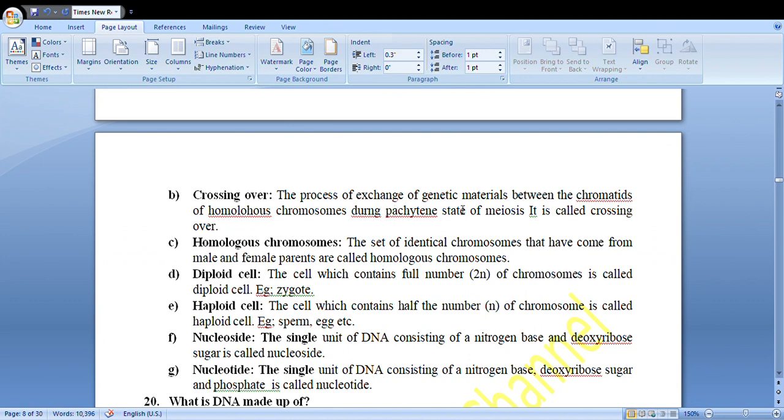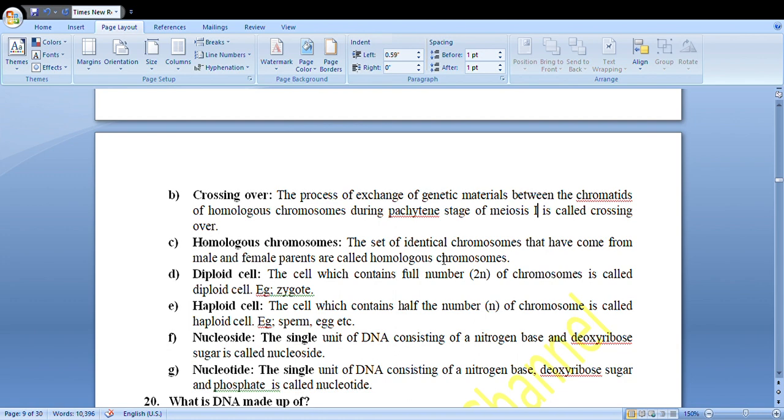Crossing over. The process of exchange of genetic material between the chromatids of homologous chromosomes during pachytene stage of meiosis is called crossing over.